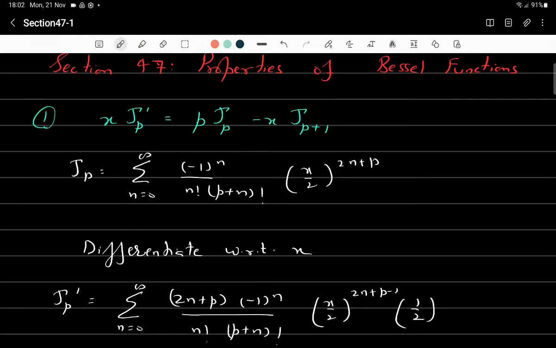Now a quick observation: on the right hand side I need p Jp and x Jp plus 1, so I need two terms, and in one of them p is multiplied with Jp. Here also, when I differentiate, I got 2n plus p. So if I break it, I will consider this summation as one term with 2n and one term with p, and see what happens.